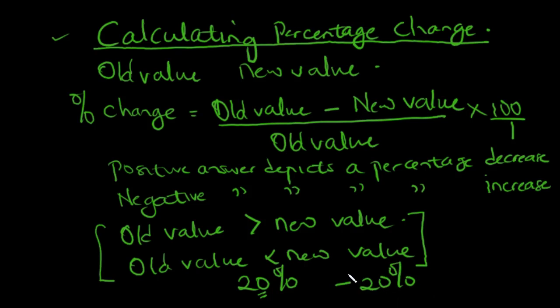So I won't say my percentage change is minus 20. What I'm really concerned about is the absolute values of these figures. So the signs in front will only help me in interpreting my result. So I'm going to take an example.